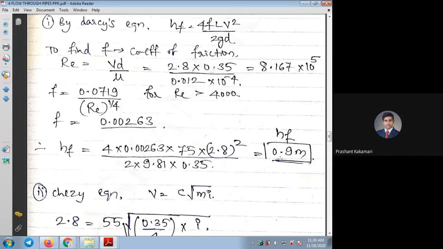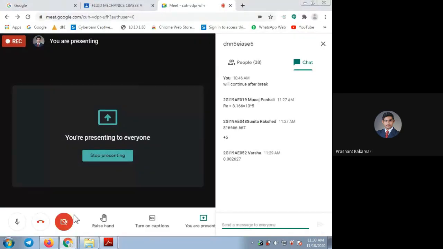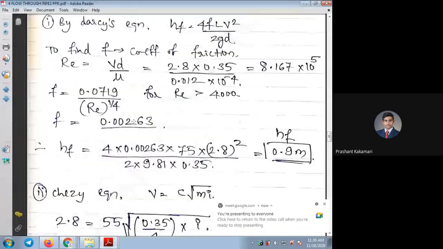So this is the actual process, and we have found it out by theoretical relations. But by lab, if you find it out, you may get some difference. So that is called error. So all of you substitute and calculate and check the hf value and the coefficient of friction value. 0.002627.